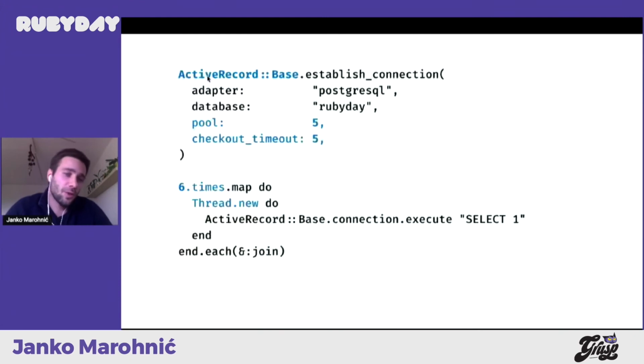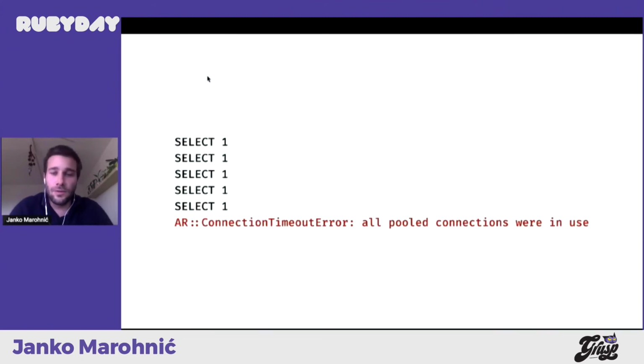In my opinion, this code should run without problems, because once a thread is done using a connection, I think the connection should be made available for other threads. However, this is in fact not the case. It seems that ActiveRecord will assign a checked out connection to our thread for, I guess, a longer period of time. I don't think it's indefinite, but it's still longer than our example.